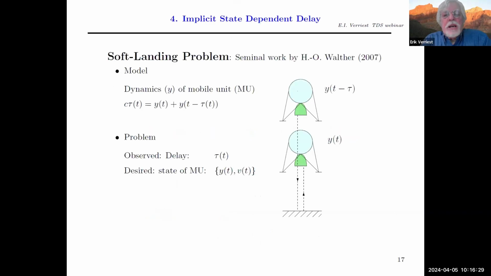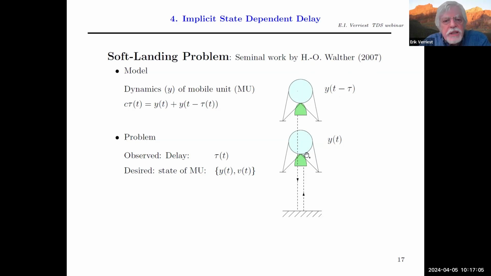Okay, now let's look at implicit state-dependent delay. That is inspired by a seminal work of Hans Otto Walter, who was then in Munich. Think of maybe a submarine that's going to land on the ocean floor. At t minus tau, it sends a sonar signal that travels and bounces back from the ocean floor and gets received by the submarine at time t.